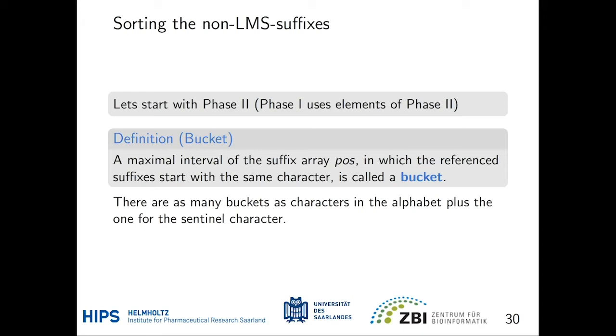So we can do this. The number of buckets, if all characters of the alphabet appear in the text, is going to be equal to the number of characters in the alphabet plus 1 for the sentinel character. Without losing generality, we now can assume that that's the number of buckets for our text.